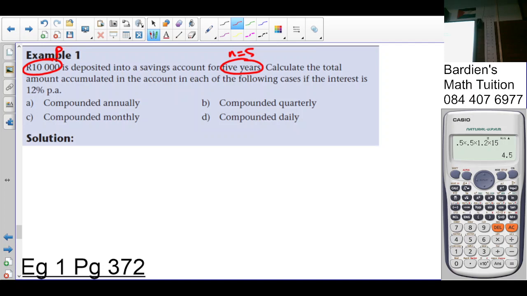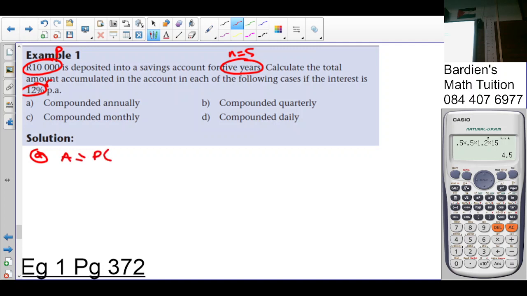If the interest is 12% per annum, you see it's 12%, so that is your rate, your R value, linked to I. That's your R value. The first case is if it's compounded annually. What does annually mean? For the year. So I follow the formula.